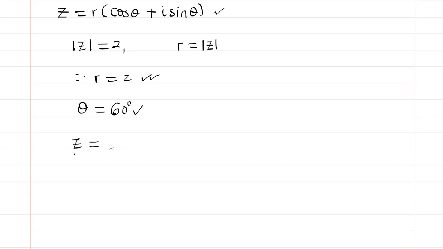What is r? Our r is the modulus 2, into cosine of theta. What is theta? Theta is 60 degrees, plus i sine of theta. The same theta is 60 degrees. And you leave it like this. This is the polar form.